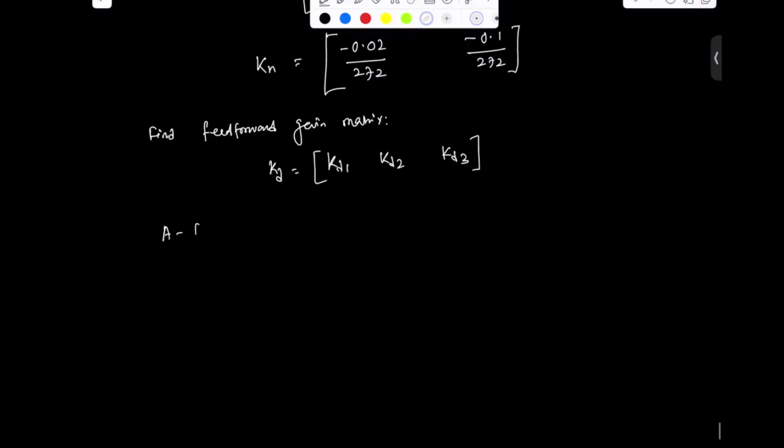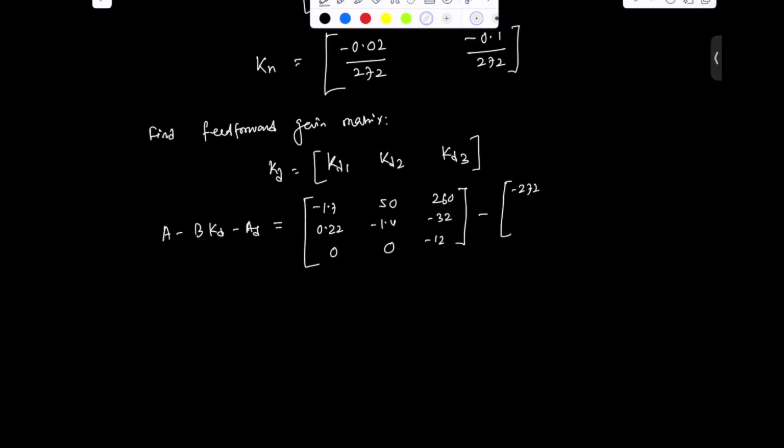A minus B KD minus AD. So we can substitute the matrices here. Minus 1.7, 50, 260, 0.22, minus 1.4, minus 32, 0, 12, this is the system matrix. Minus, we have the B matrix as well: 272, 0, 14.